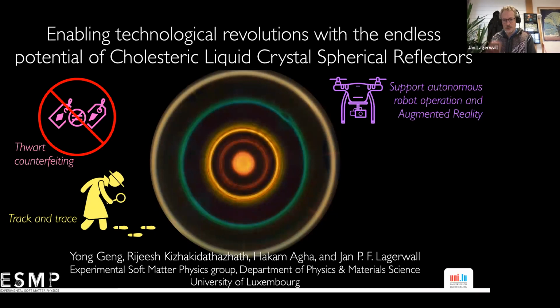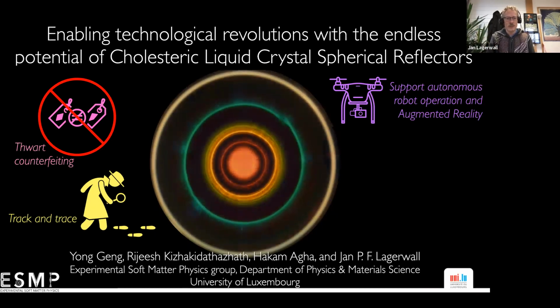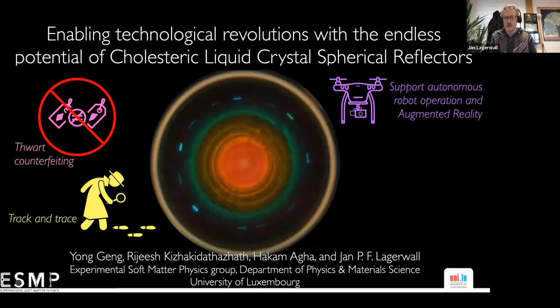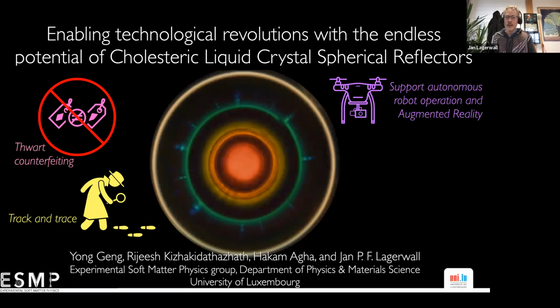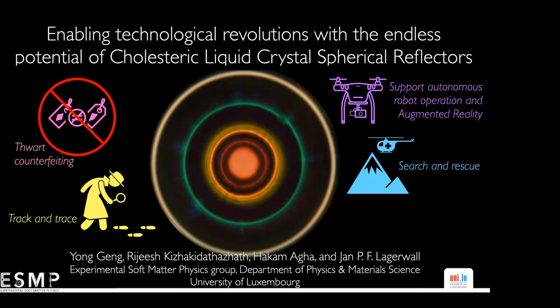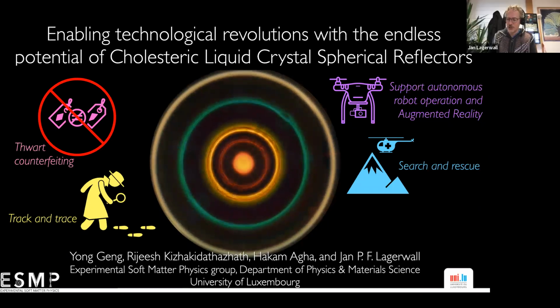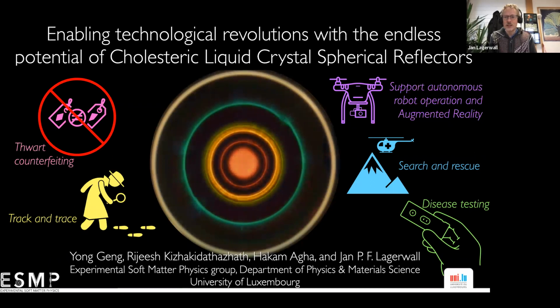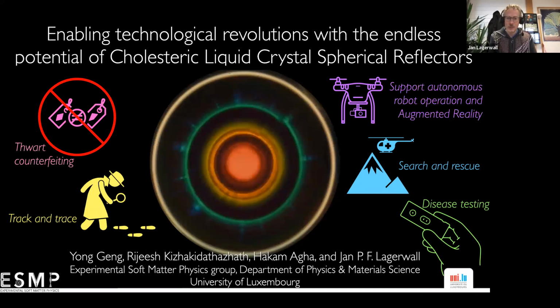And related to that, the way we are applying these in track and trace is also equally useful for supporting autonomous robot operation and augmented reality. And finally, there is potential in search and rescue operations and in disease testing. And if you see this slide, you think this cannot possibly be one and the same talk.